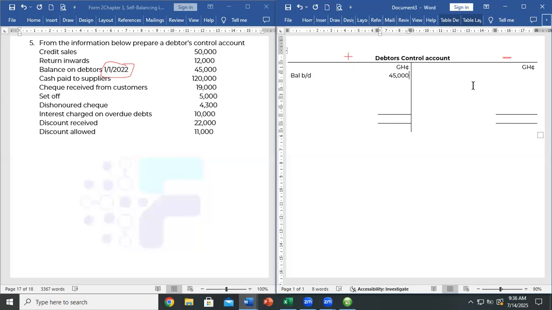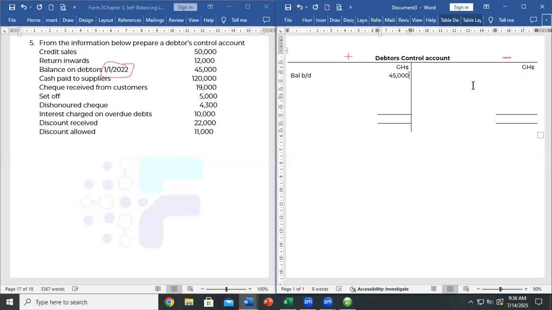So, Professor, I think you can be picking a few points from here, even though you haven't gotten the full understanding. Okay. So, if you are preparing a debtor's account, credit sales, like I tell you, see yourself as the business and your friend as a debtor. So, you are preparing your friend's account.